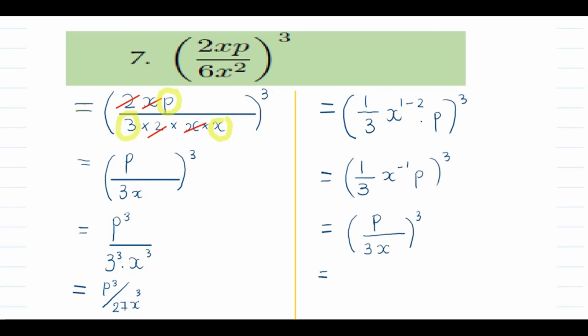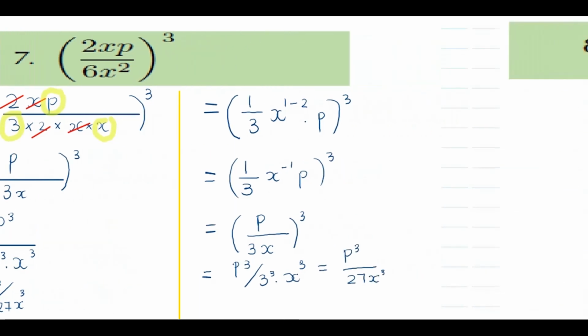So you'll be left with p to the power of 3 all over 3 to the power of 3 times x to the power of 3. And when you simplify this further, you've got p to the power of 3 all over 27 x to the power of 3.